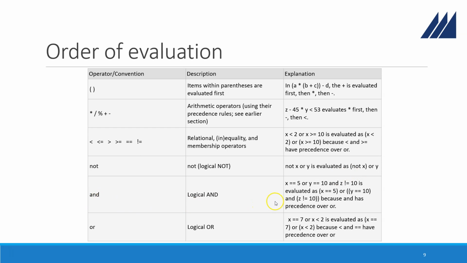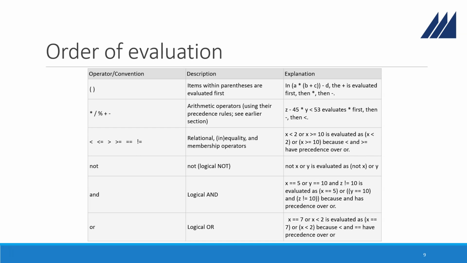Let's take a look at this example. This is a good example because it mixes some of the things that we learned. I'm trying to compare x equal 5 or y equal 10 and z not equal to 10. What is going to happen? This is a little bit long, but you have to be careful with it. You evaluate first x, is it equal to 5 or not?